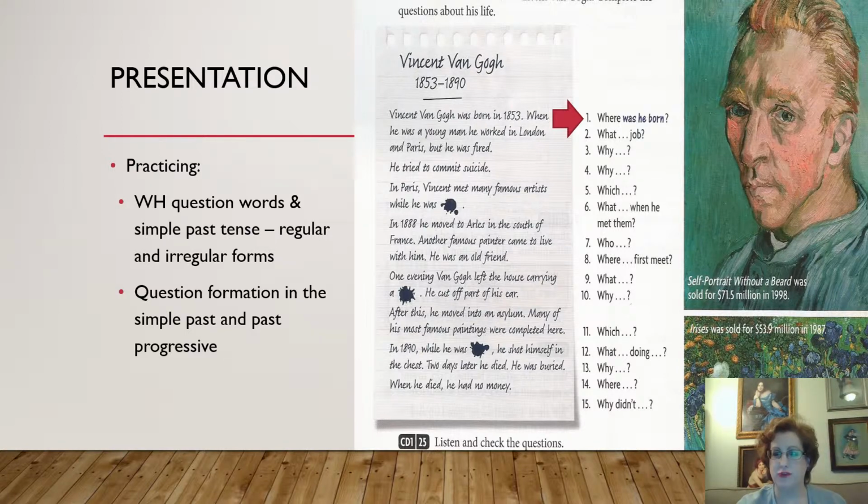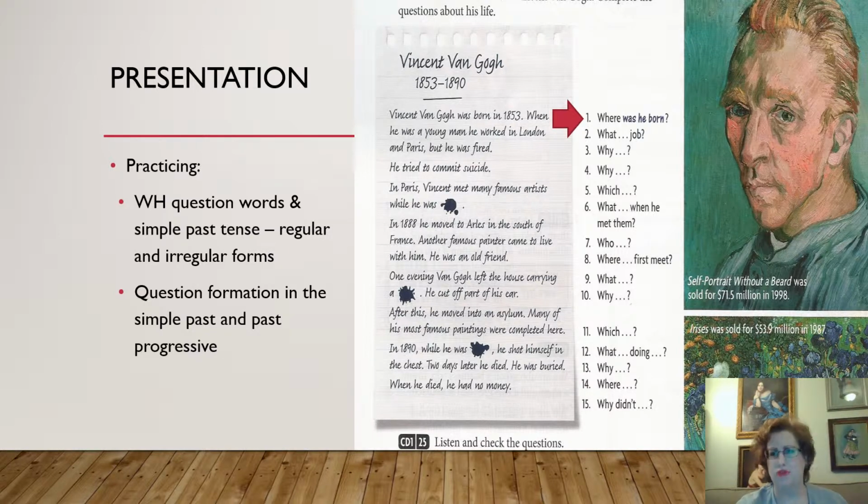And the last few questions. In 1890, while he was, he shot himself in the chest. 2 days later, he died. He was buried. Ask students, do you think this is the past progressive or the simple past?